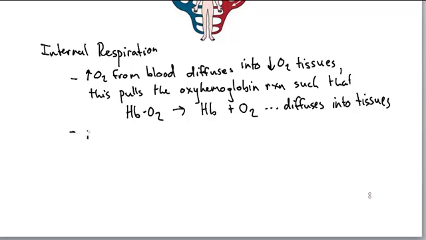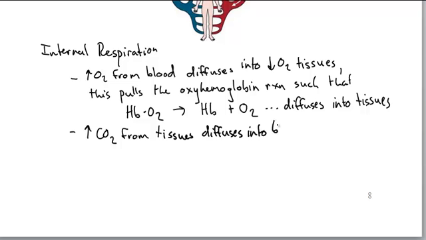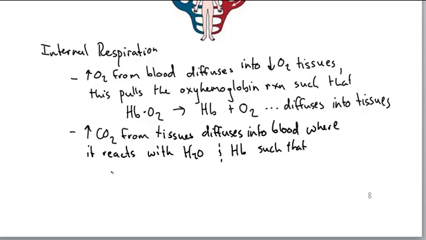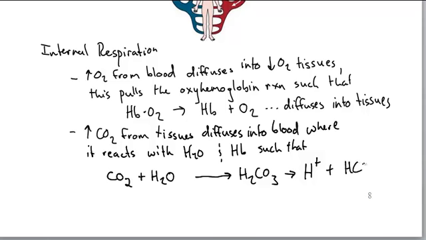Okay? At the same time, high CO2 from tissues diffuses into the blood, where it reacts with H2O and hemoglobin such that we get high CO2 joining the blood, reacting with water, becoming carbonic acid, and then immediately breaking down into hydrogen ions plus bicarbonate ions.